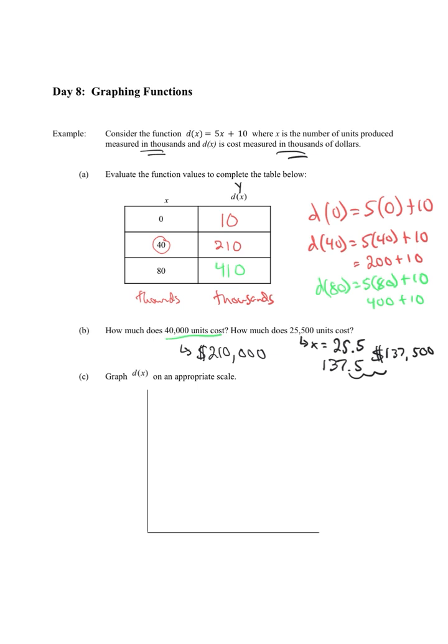All right, so for our graph, let's make sure that's x in thousands. So that way we can still go out, let's say, to 100,000. So half would be 50,000, and then split those up into 5 equal places.